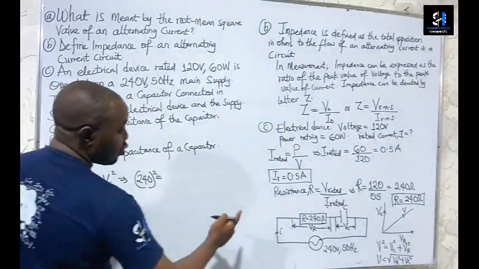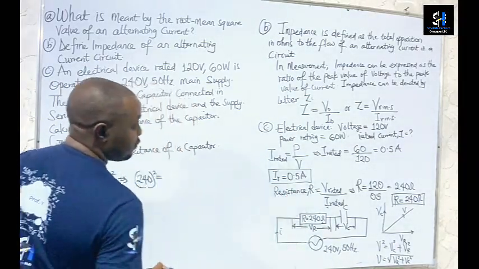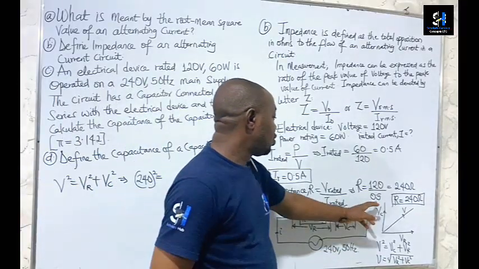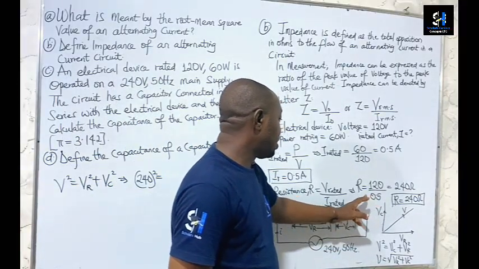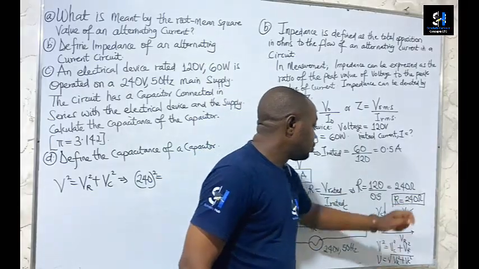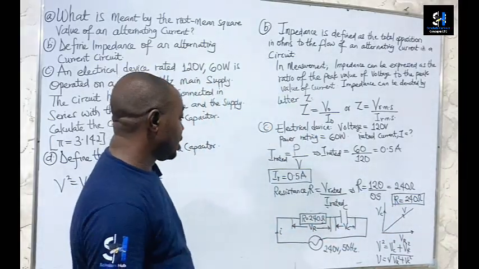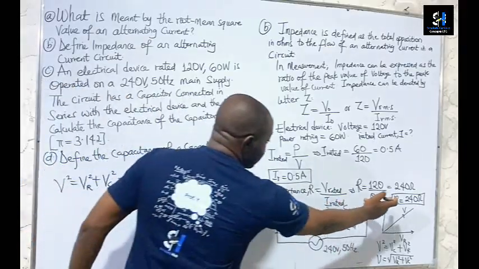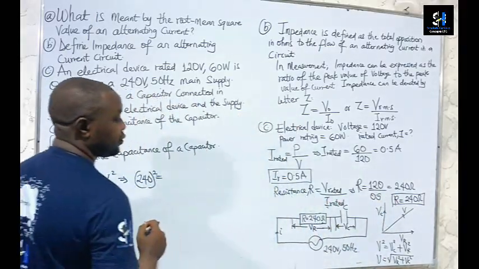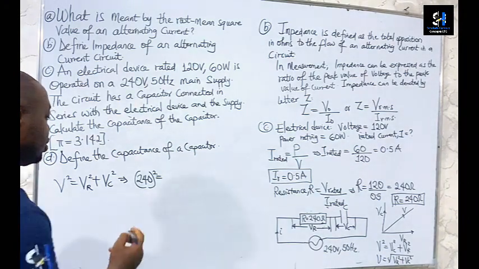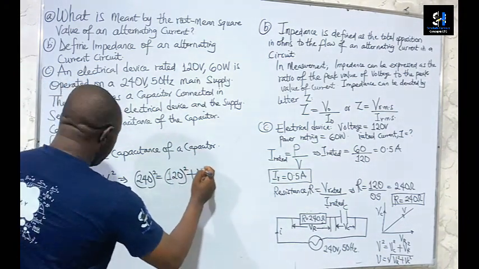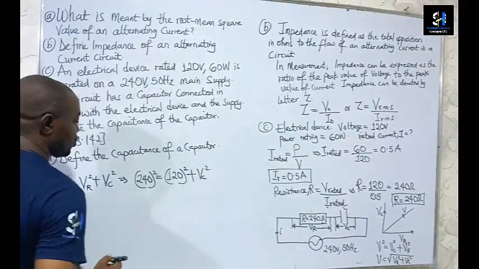Then the voltage across the resistor will be 240 multiplied by 0.5, and that will be 120. So this will be 120 squared, then plus VC squared.